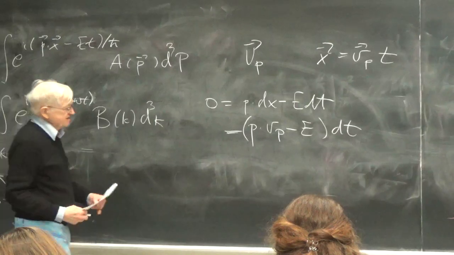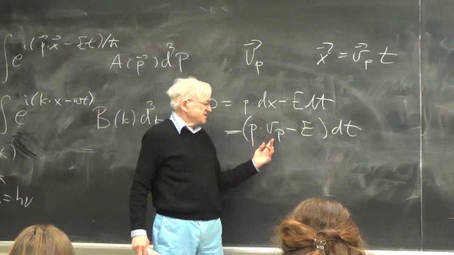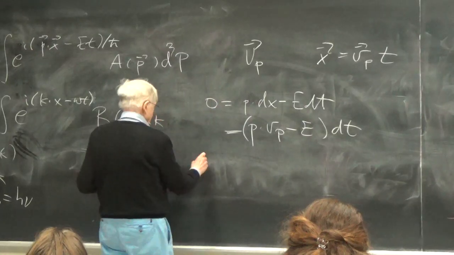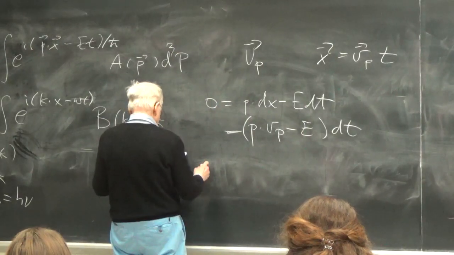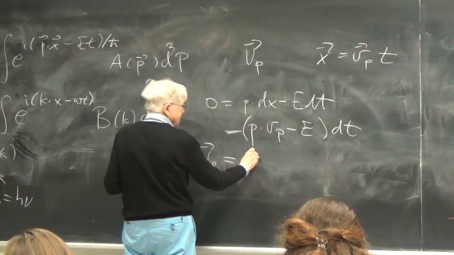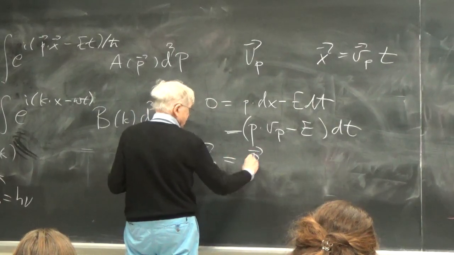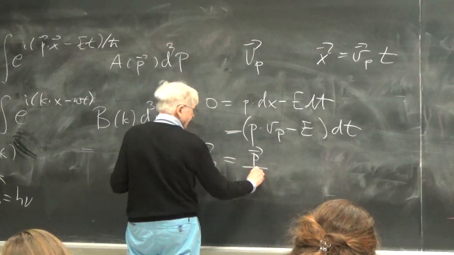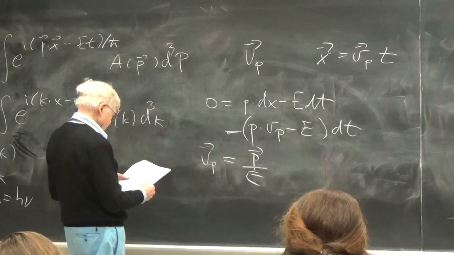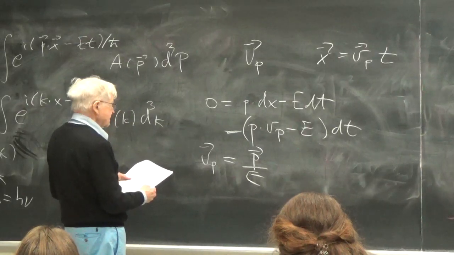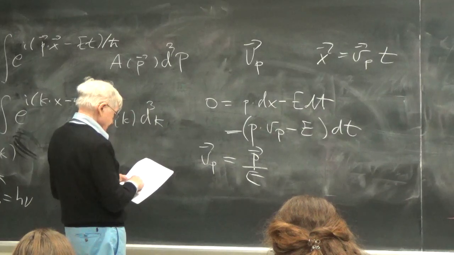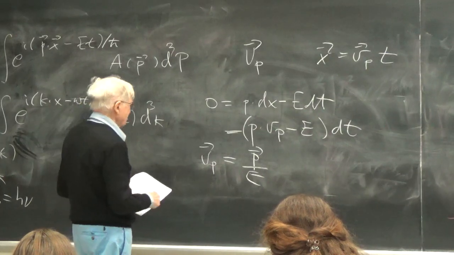So the phase velocity is the one such that dx is v phase dt, and this thing remains constant, but that means that the phase velocity is basically p over e. Wait a minute, I've got it backwards. Yeah, e over p, what am I saying?